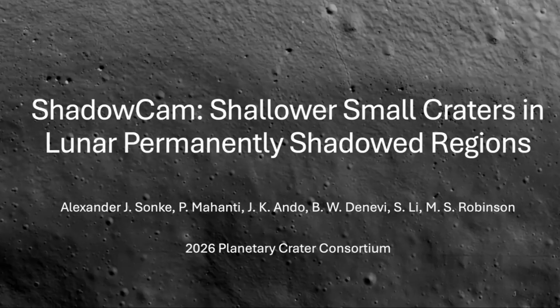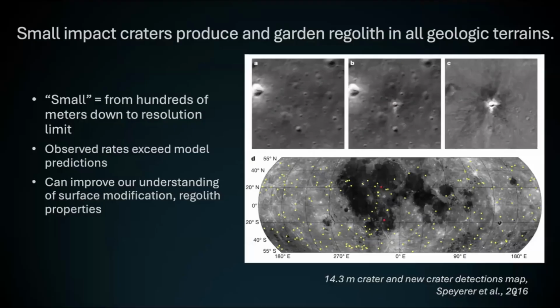And in this work here, we used ShadowCam data to compare the depth diameter using garden regolith in all geologic terrains on the moon.